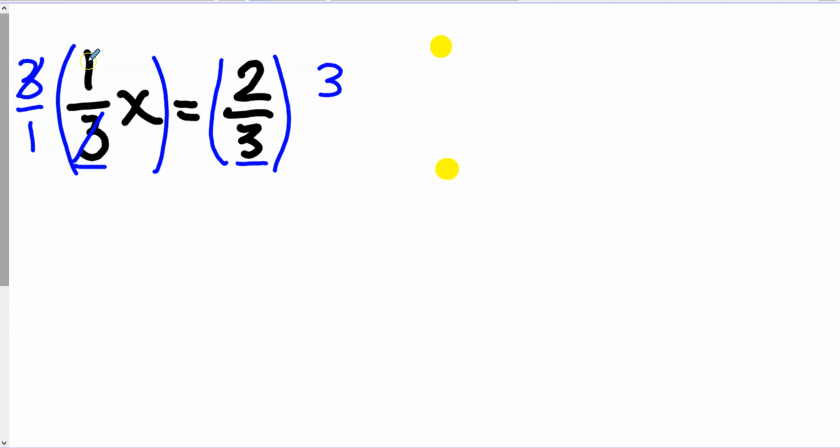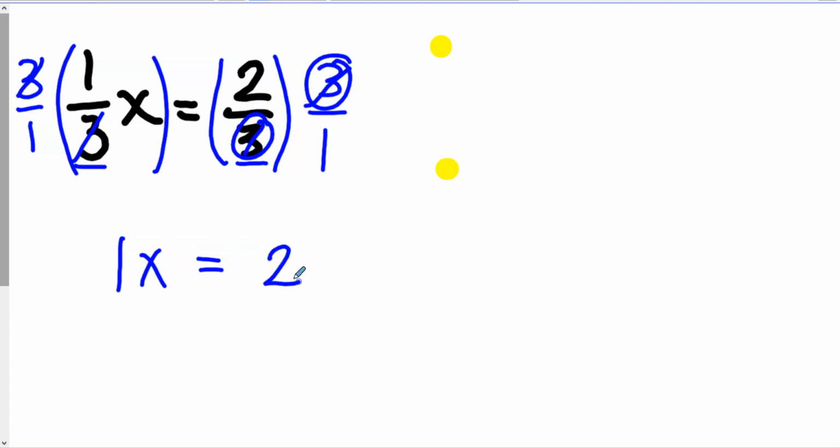And what's left is 1 over 1, or just 1x. On the right-hand side, same thing. Write this as a fraction. This 3 and this 3, they cancel, and what's left is 2 over 1, or just 2. So 1x equals 2, or just x equals 2 is the answer.